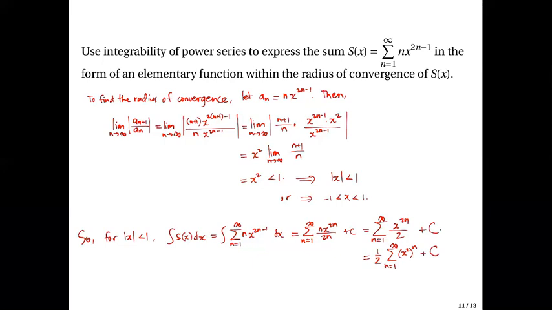But this we can now write as 1/2 of 1 over 1 minus x squared.